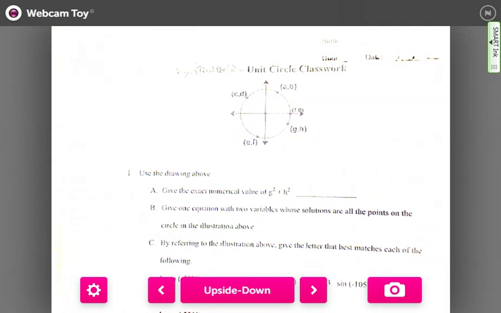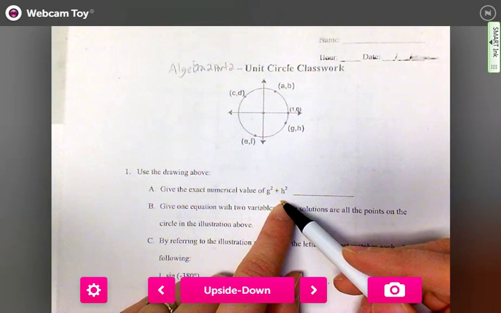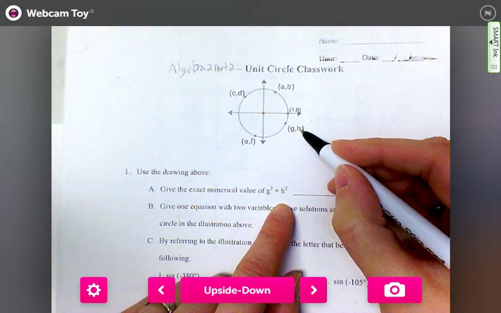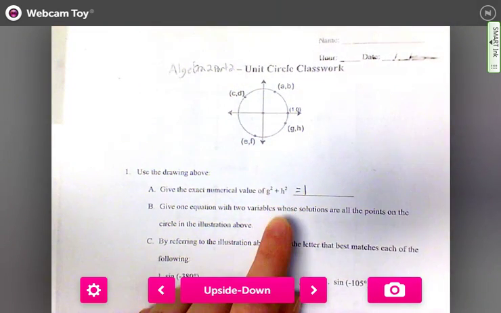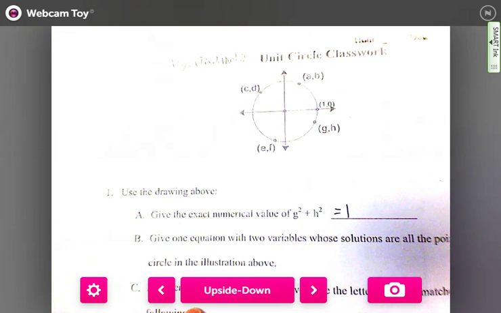So first, we are going to give the exact numerical value of g squared plus h squared. Luckily, the answer to this is going to equal 1, because 1 squared is 1, and the equation for a circle is g squared plus h squared equals 1.